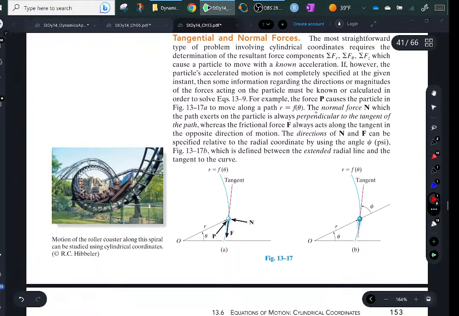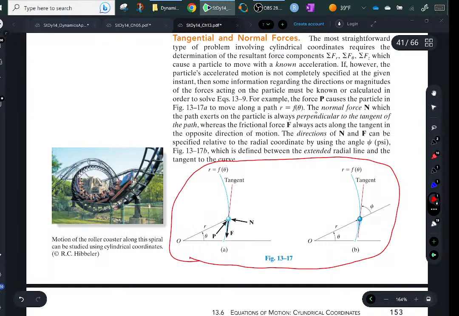Then he comes in and he does this. It's just annoying, because what he's actually wanting to do is split and find, say, this component or this component in the tangential direction.